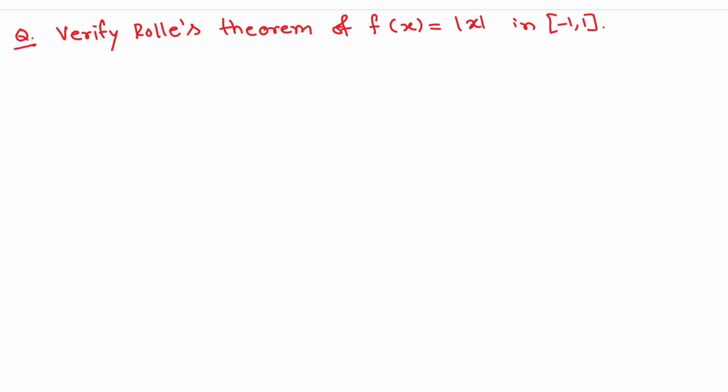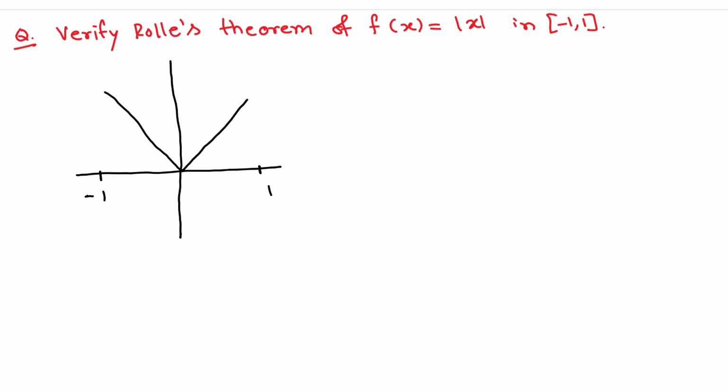In minus 1 to 1, if I draw the graph, suppose this is the point minus 1, this is the point 1. So in this interval, the graph will be this. This is the graph of mod x. Here you can see at the point origin, there is a sharp corner.